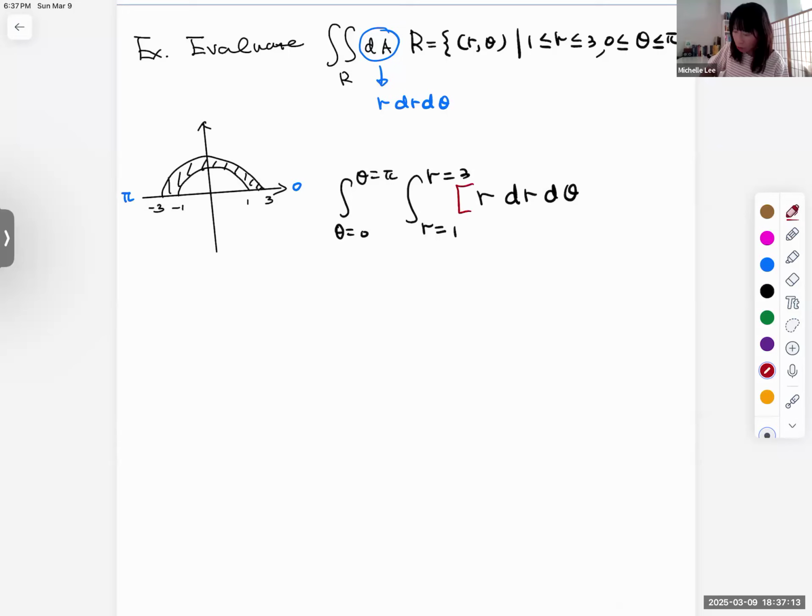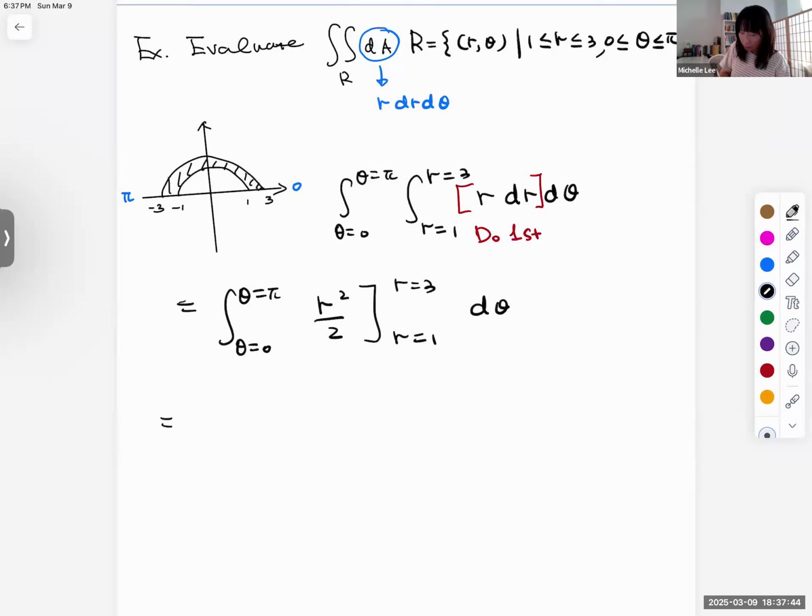So we want to integrate with respect to r first. Okay, so there is no theta, so we don't have to treat theta as a constant, right? Okay, so let's do it. So theta equals 0 to pi. Then we have r squared over 2, evaluated from r equals 1 to 3, d theta.